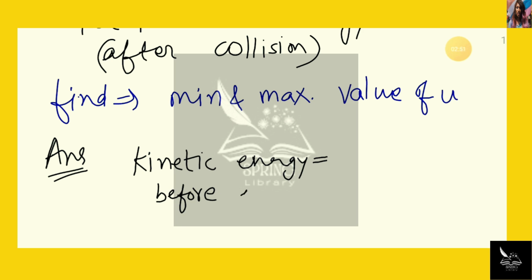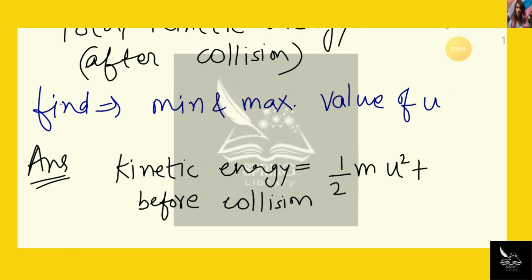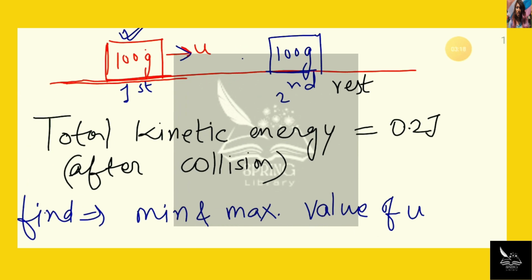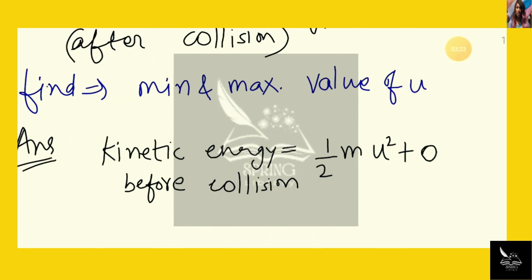It will be equal to the kinetic energy of the first particle, that is half times m times u square, plus the kinetic energy of the second particle, which is 0 because it is initially at rest. So the second particle has no kinetic energy.